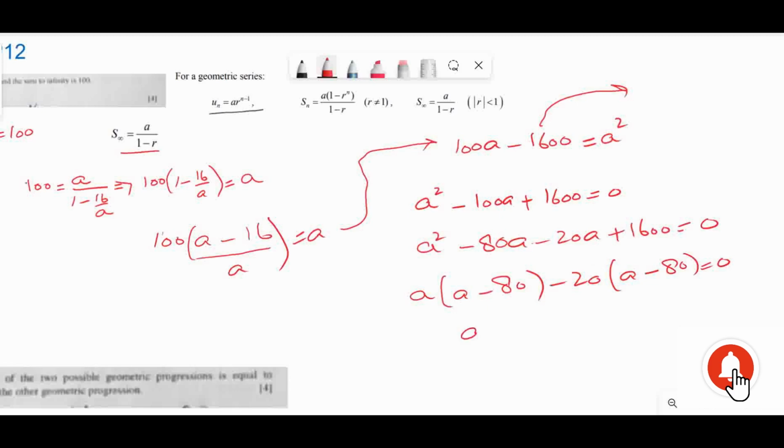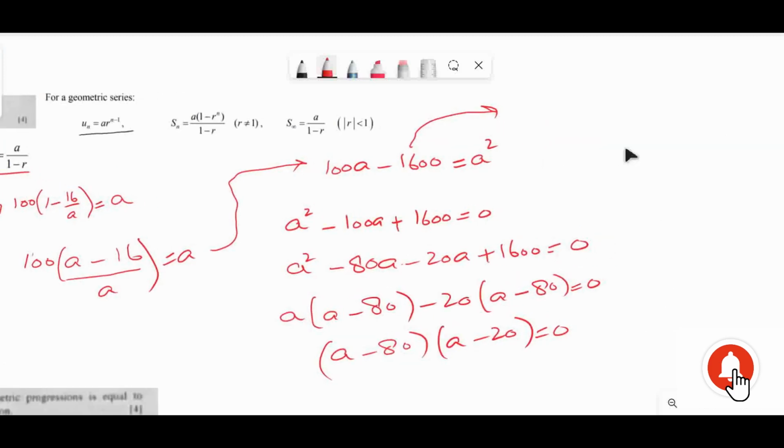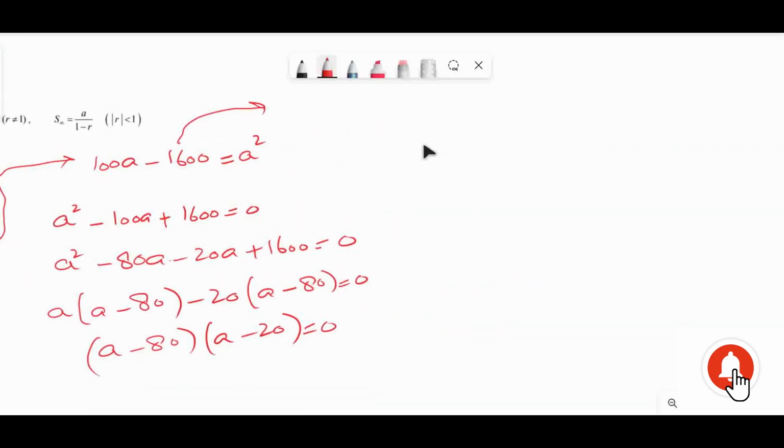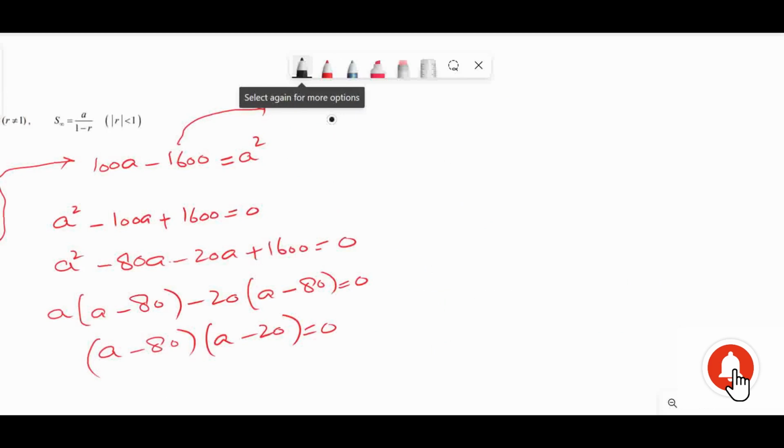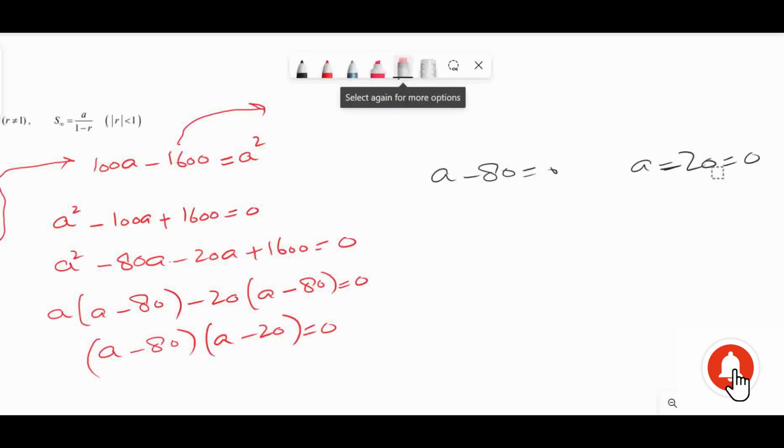So here (A minus 80) into (A minus 20) is equal to 0, which means that we will have two possible values of A: A minus 80 equals 0 and A minus 20 equals 0.